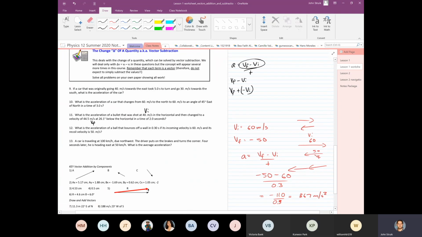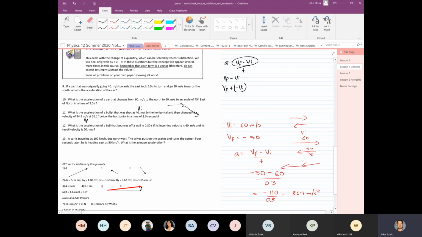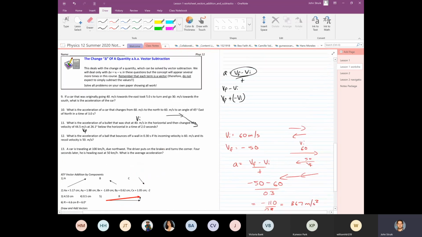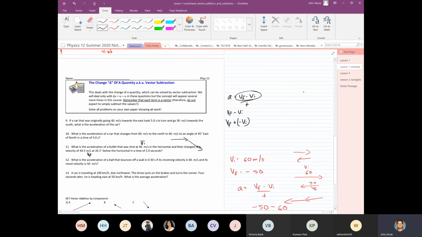Then we can draw our VF first. I'm assuming it's going horizontal that way. It doesn't say which direction it's going, but let's just assume it's going in the same direction in the horizontal. So my VF is going to be this arrow right here, 44.5 meters per second, and that's 26.1 degrees below the horizontal. Then we're going to add the negative VI.